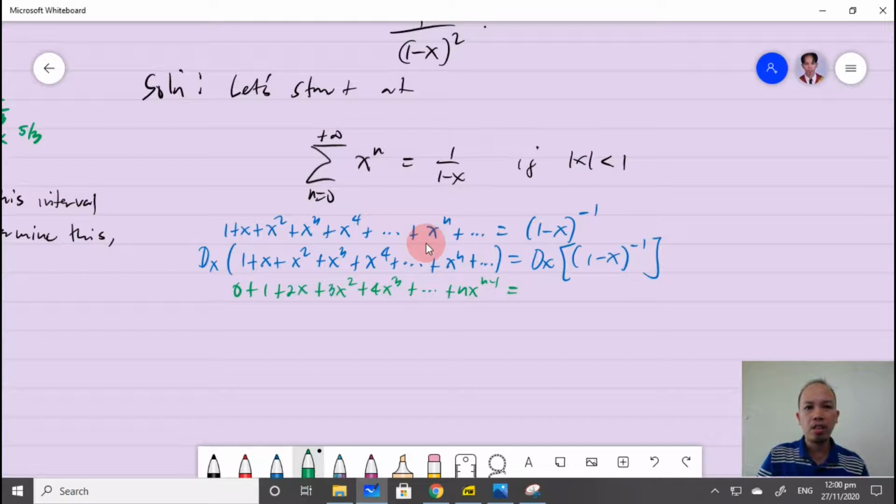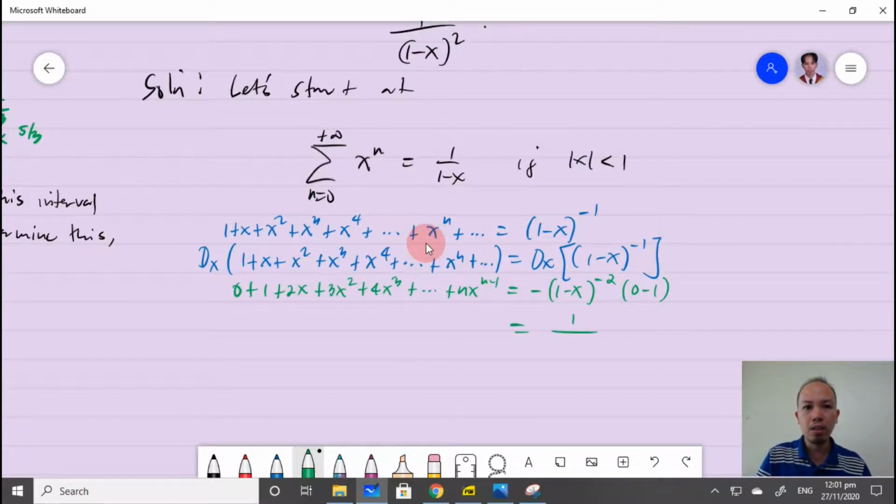On the other side, this is negative 1 times 1 minus x to the power of negative 2. Then we have to use the chain rule. The derivative of 1 minus x is 0 minus 1. If we simplify the right hand side, negative times negative gives positive.